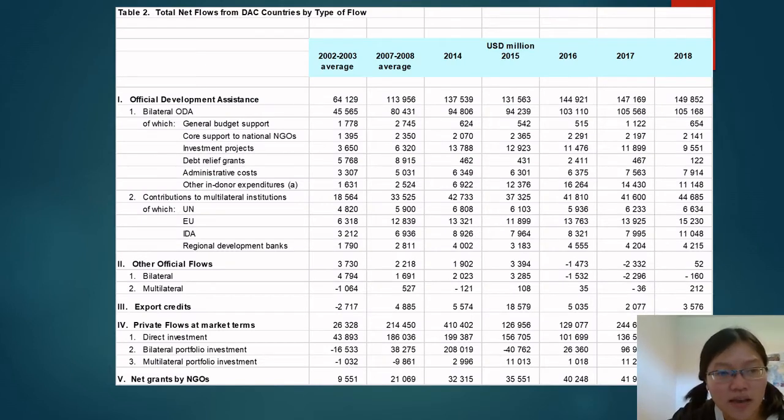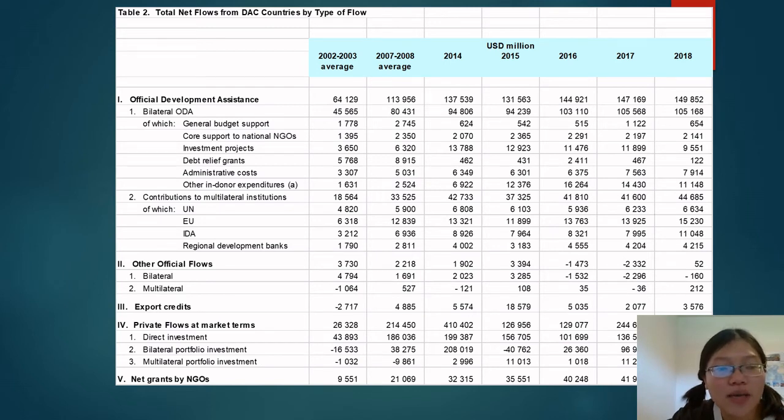Okay, and now let's look at the total net flows from DAC countries by type of flow. DAC countries means the countries that act as the donors of official development assistance. This is again a table that I got from the OECD, which stands for Organisation for Economic Co-operation and Development.